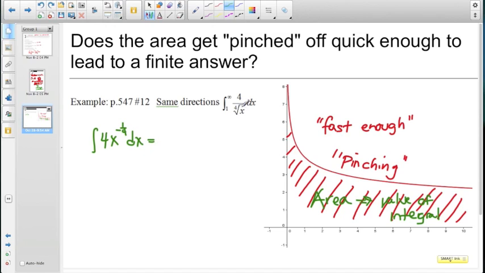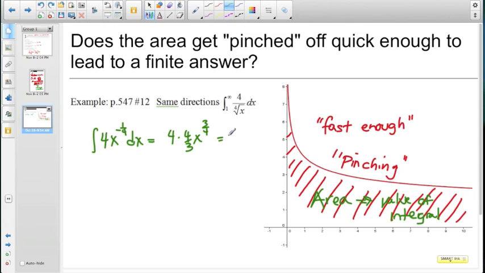So the fourth root of x can be written like this when it's in the denominator, and so it's a power rule here. So we're just going to go ahead and bump this up by 1, so adding 1 to this gets us 3/4, taking the reciprocal gets us 4/3, x to the 3/4.